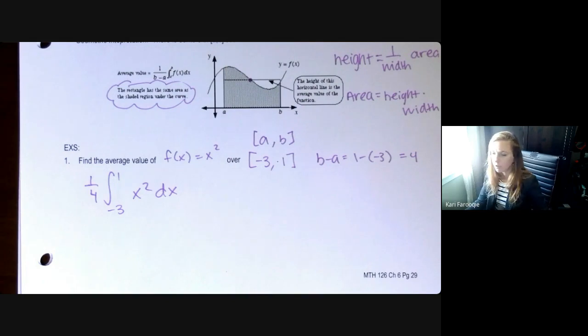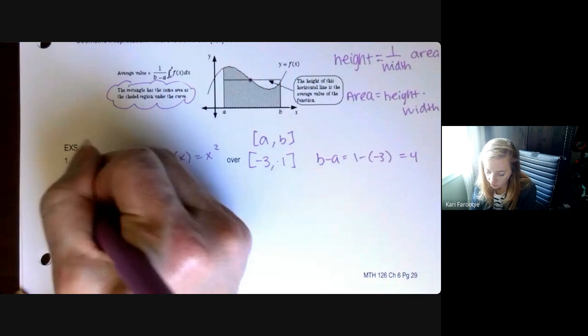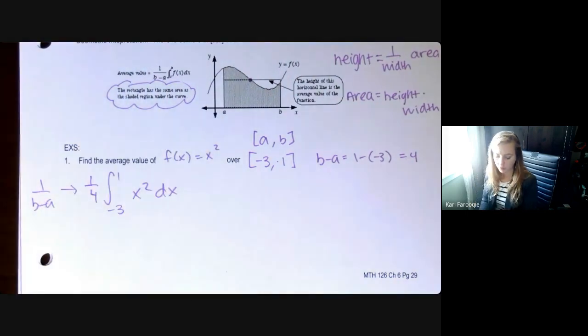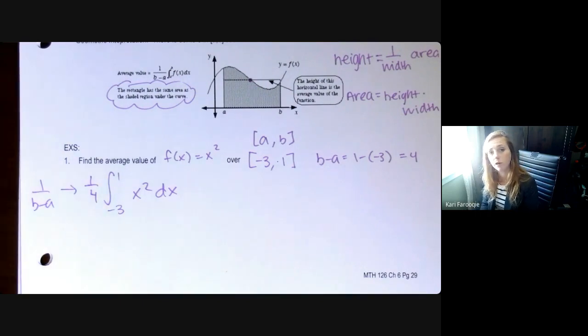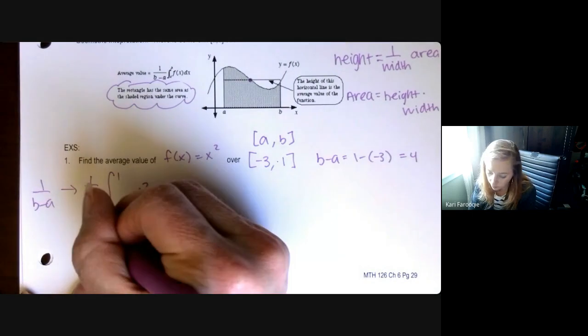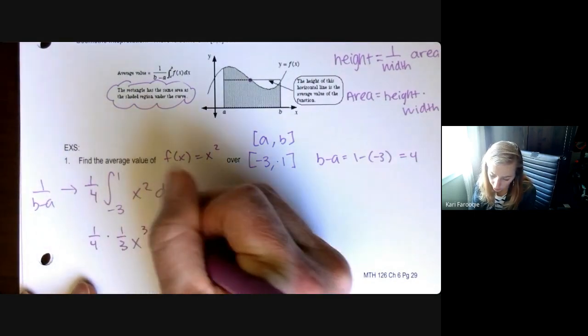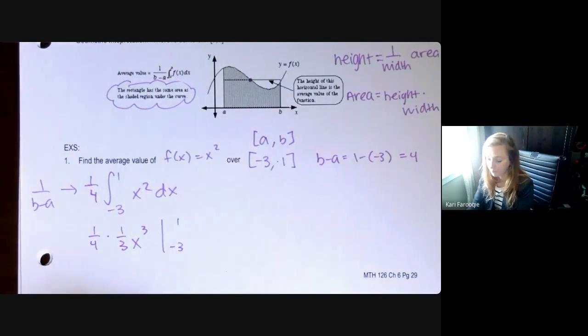Of course we should. But right now, let's just integrate. All right, so this is just 1 over B minus A, your 1/4. And then you're just multiplying by the integral from A to B of f of x dx. So we have 1/4 times 1/3 x cubed, and we're going to take that from -3 to 1.